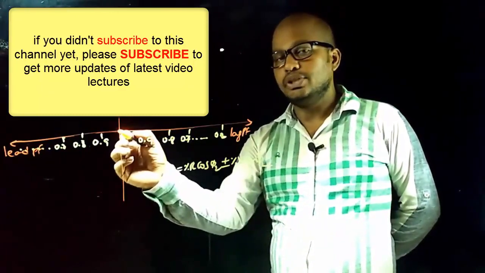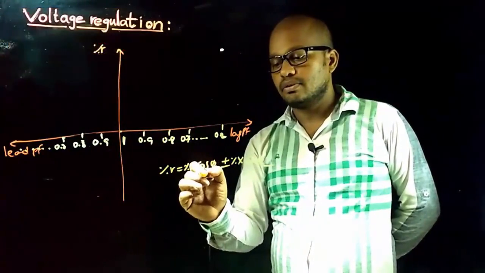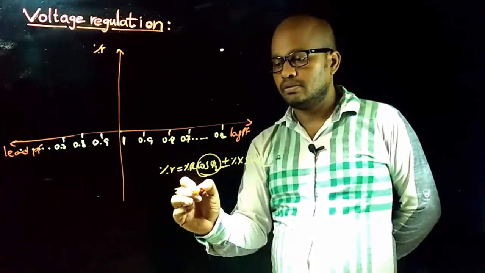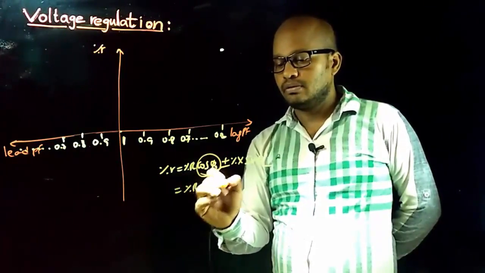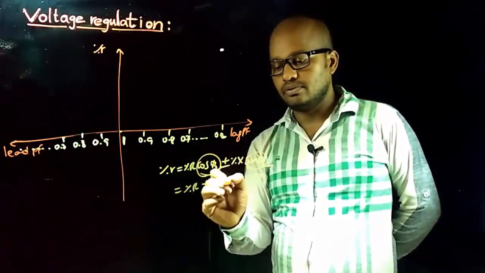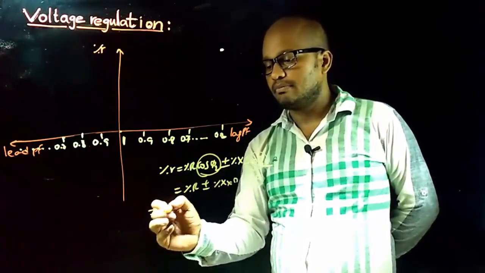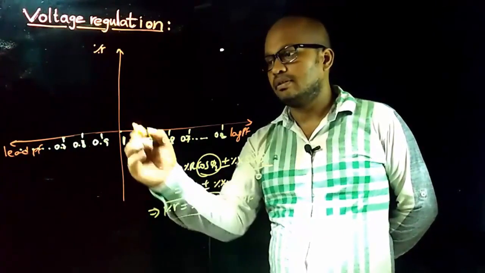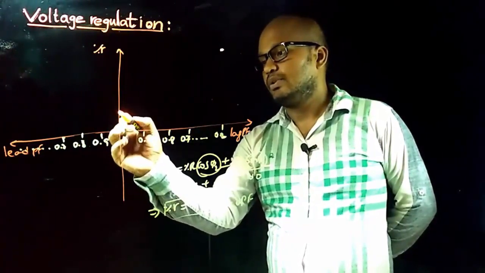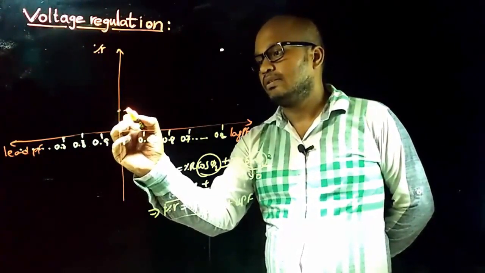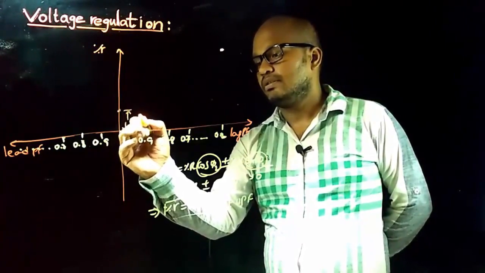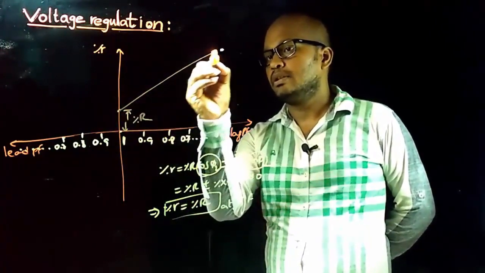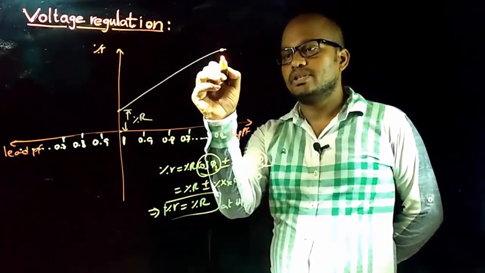At unity power factor, that is cos phi 2 equal to 1, sin phi 2 is 0, which implies the percentage voltage regulation at unity power factor is percentage R. So at unity power factor, let the percentage regulation be this. Now the graph will be like this.